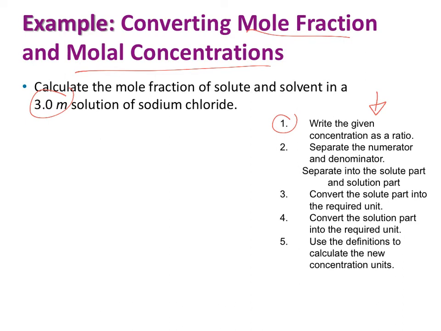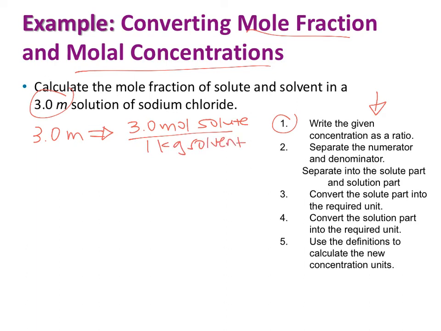So in other words, you're going to translate what molal actually means. So 3 molal also means 3 moles of solute over 1 kilogram of solvent. That's our first step. Next step is to separate into the solute part and the solution part. So basically just understanding that we have the 3 moles of solute and we have 1 kilogram of solvent.